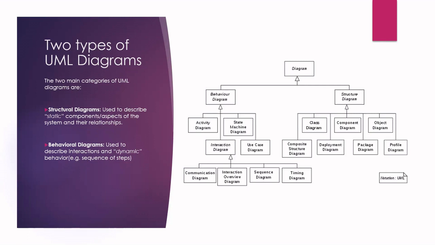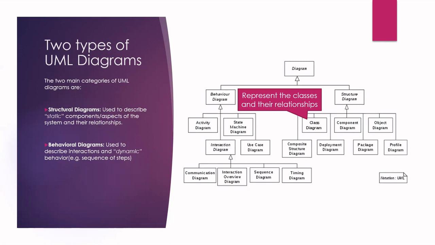Behavioral diagrams or behavioral models describe the behavior of the system, the interaction between the different components of the system, like steps and stuff like that. Structural diagrams model the structure aspects, or the different components and the relationships between them, not the interactions, just the static relationships.